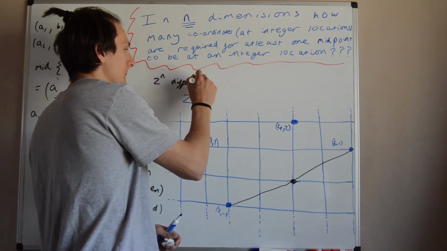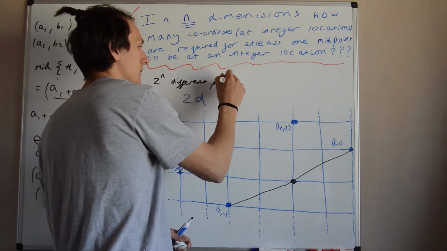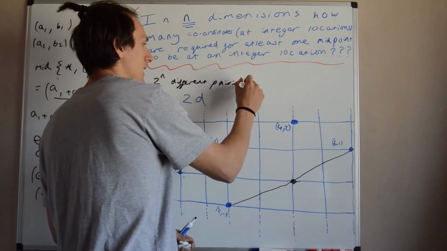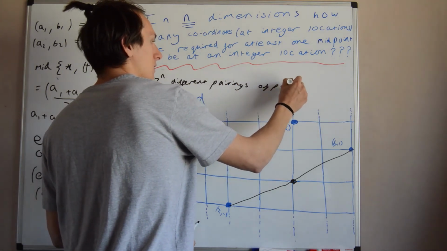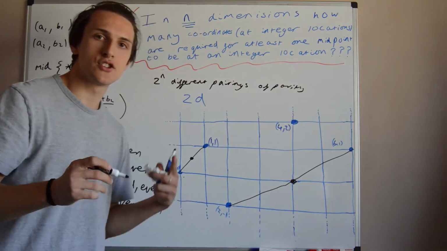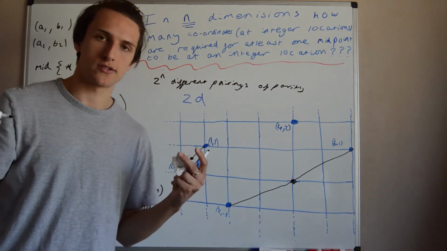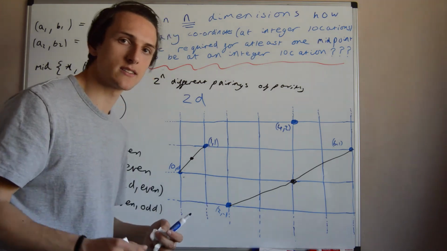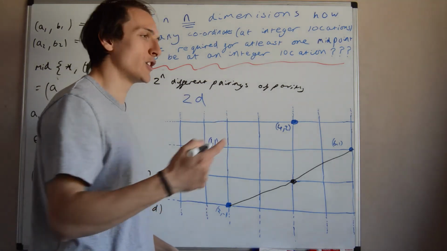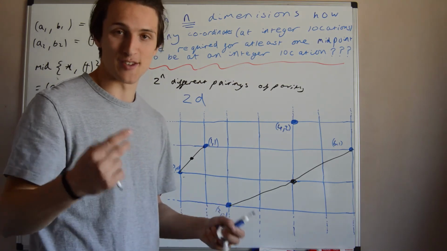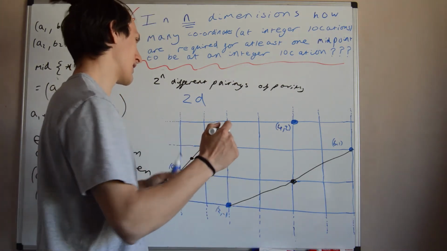different pairings of parity. Okay? So we have 2 to the n pigeonholes. Well, how many pigeons do we need? We just need at least 1 more for at least 1 pigeonhole to have at least 2 pigeons. Okay, so let me write that down.